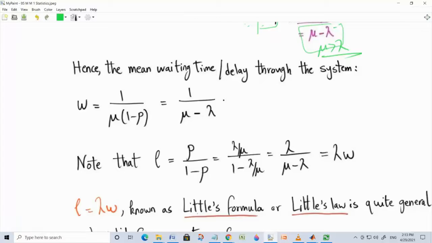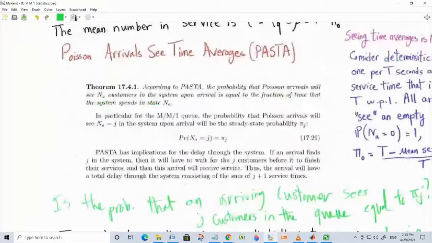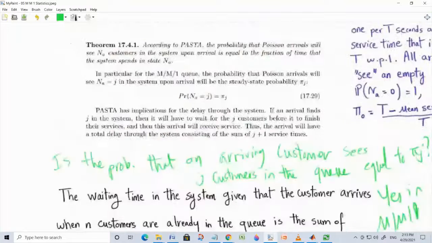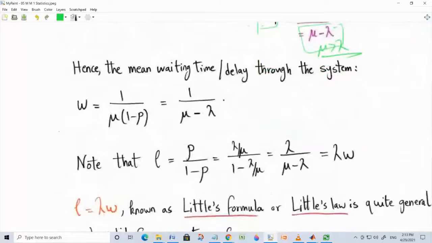So we computed 2 things. The average number in the queuing system, which was rho over 1 minus rho, so that's small l. Now the average waiting time is 1 over mu minus lambda. You can take mu as a common factor, and lambda over mu is rho, so it is given by this.